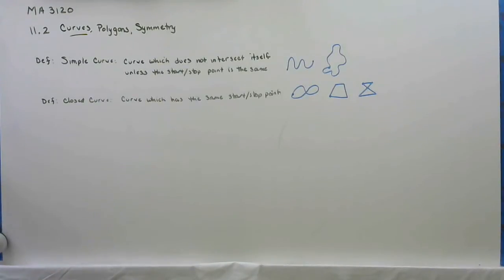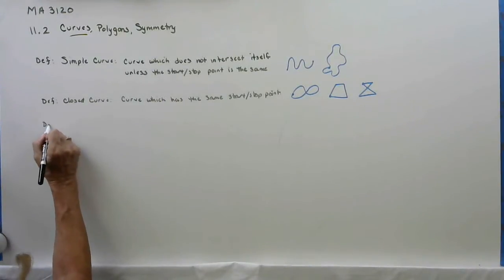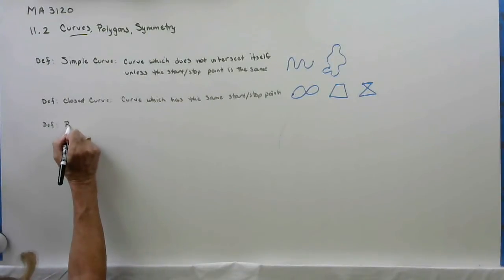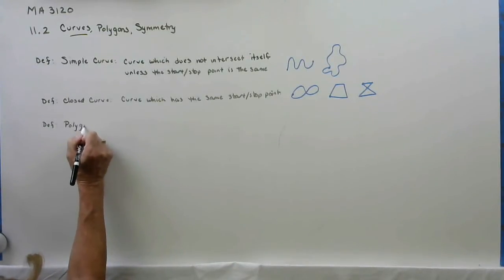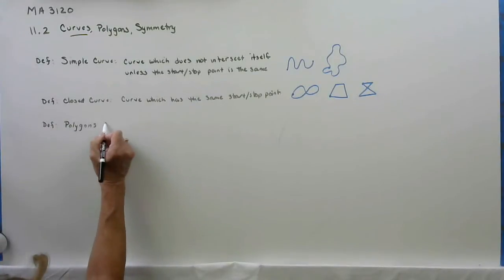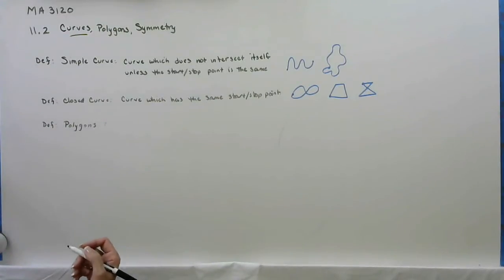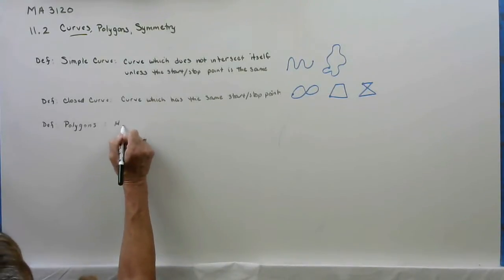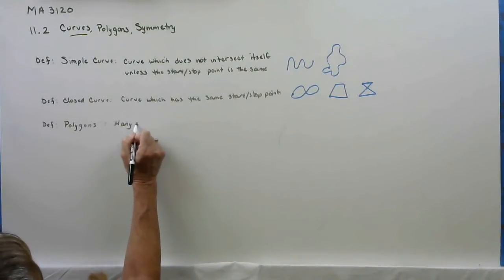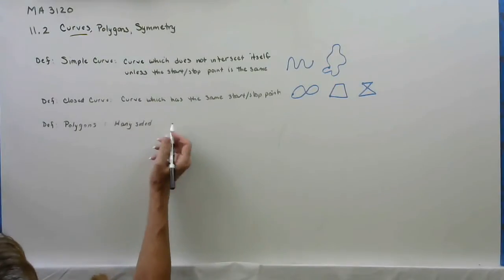Now, if we keep looking, we want to take a look at what we mean by a polygon. We are going to spend quite a bit of time analyzing polygons. The prefix poly means many, so we're looking at a many-sided closed curve. We're going to have some line segments.